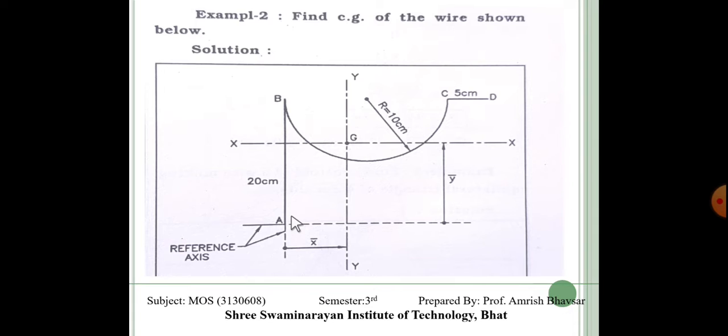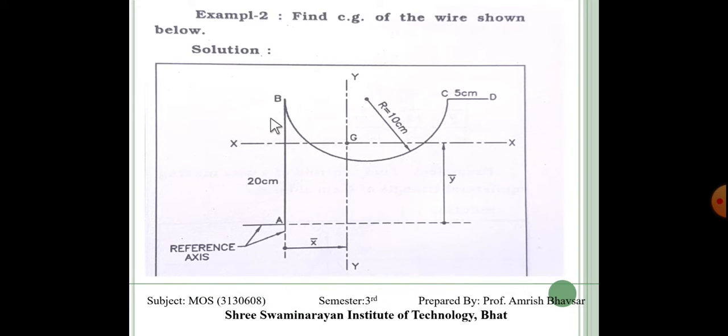Dear all students, for the calculation of CG you must remember all the x bar and y bar for the given particular shape, and you have to prepare the table, otherwise you can't get it. So first of all put the reference axis. AB part, BC part and CD part. So three parts over here.